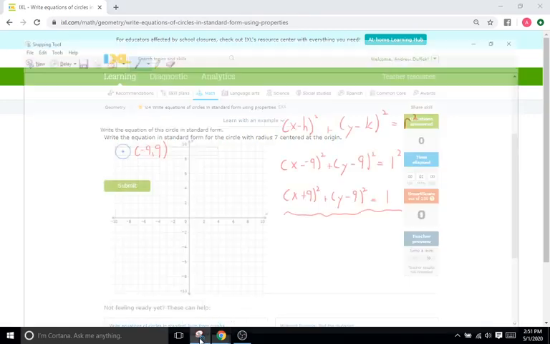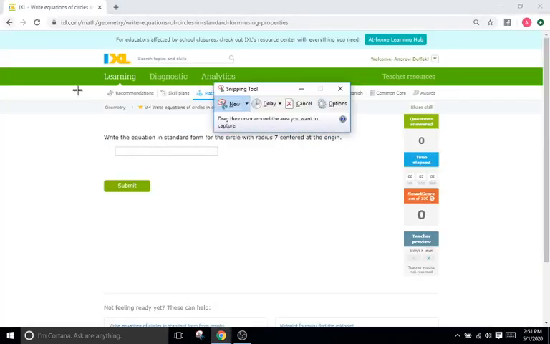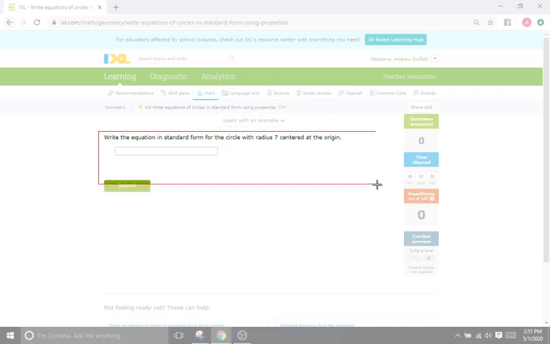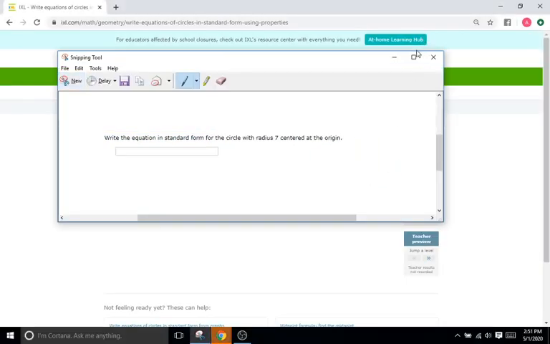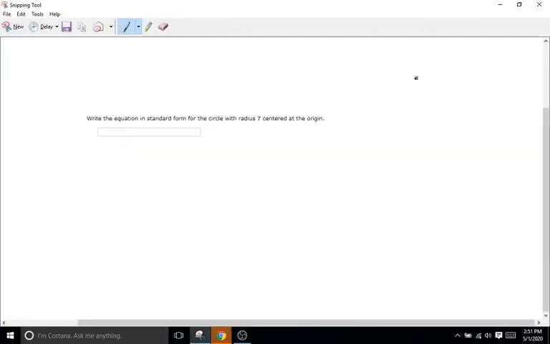Okay, so first thing I want to point out is that you have to remember the equation of a circle. So remember the equation of a circle is x minus, not plus, x minus h squared plus y minus k squared equals r squared.